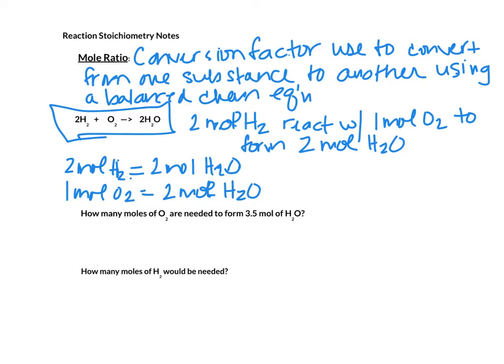And because the 2 moles of hydrogen and the 1 mole of oxygen are both equivalent to 2 moles of water, we can say that 2 moles of hydrogen is equivalent to 1 mole of oxygen. So out of this balanced equation, we can convert from any substance to another substance using conversion factors. So we got 3 different conversion factors in this example. All right, so let's look at how we apply this.